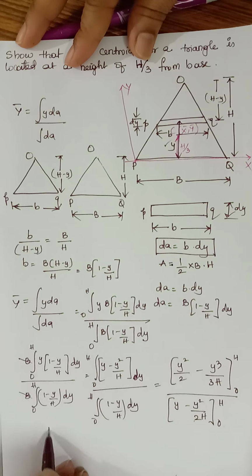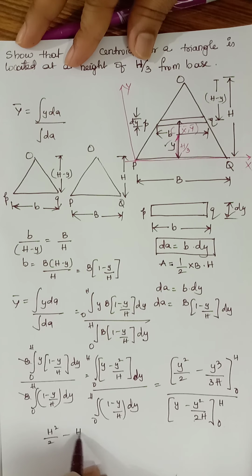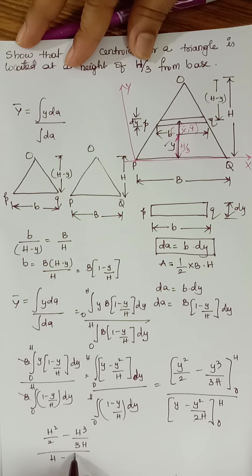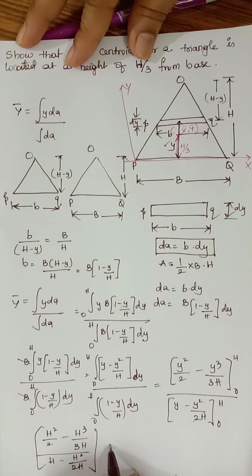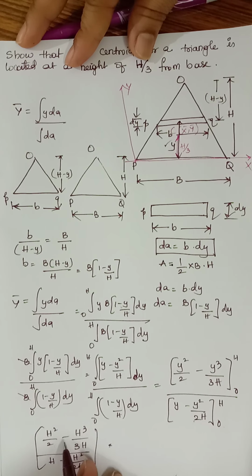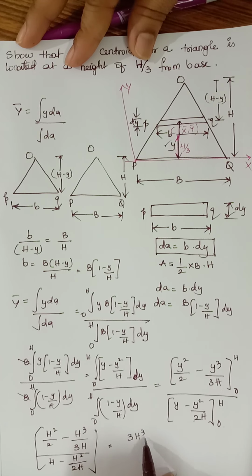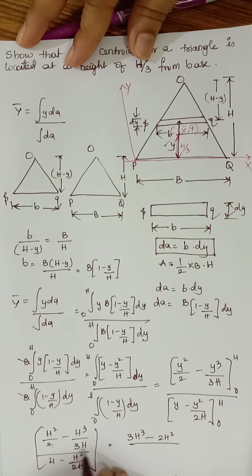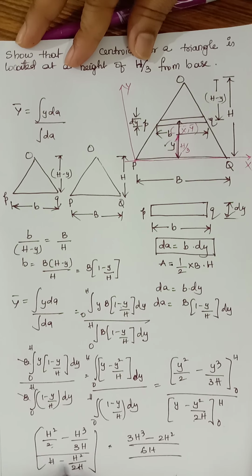This becomes h square by 2 minus h cube by 3h, divided by h minus h square by 2h. Solving this, we get 3h cube minus 2h square by 6h, divided by 2h square minus h square by 2h.